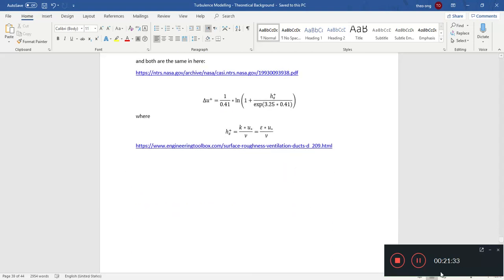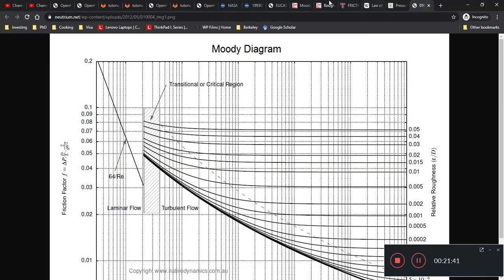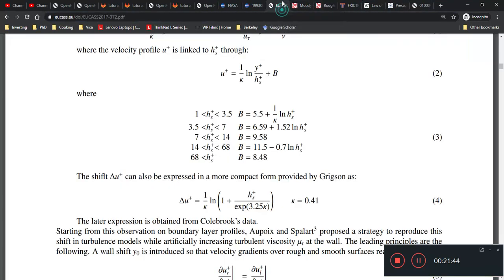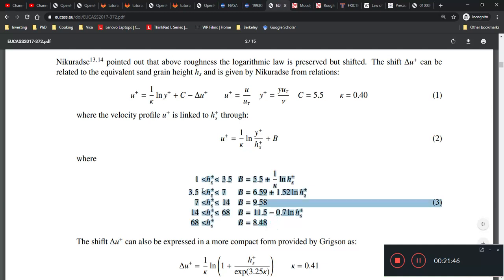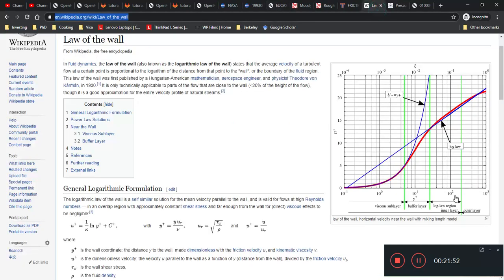So this video has shown how to get our surface wall correlations, especially in the log law region.